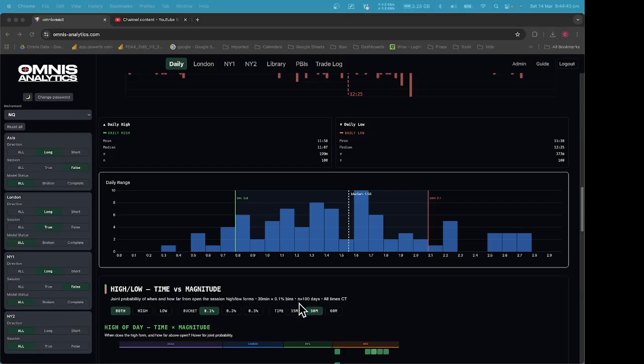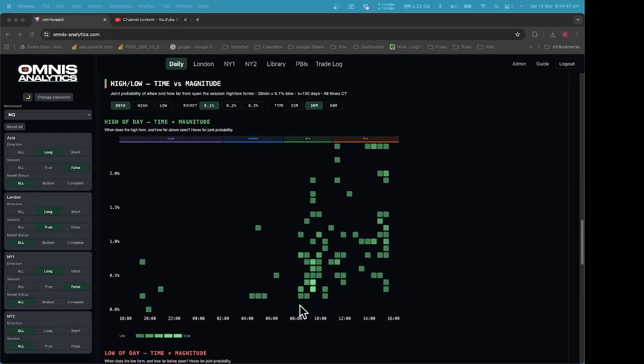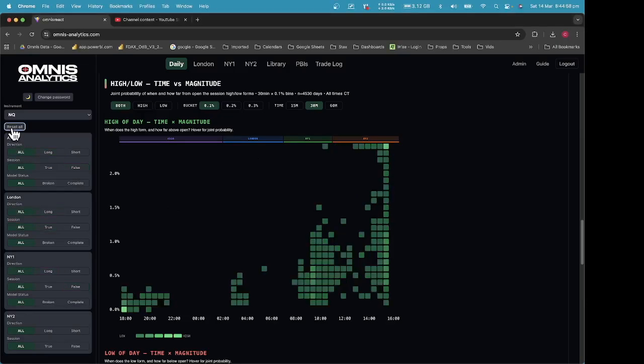Yeah, so the next graph, or visualization, that we can look at is a little bit more on the high of day, low of day time and magnitude heat map, right? So I just reset everything.